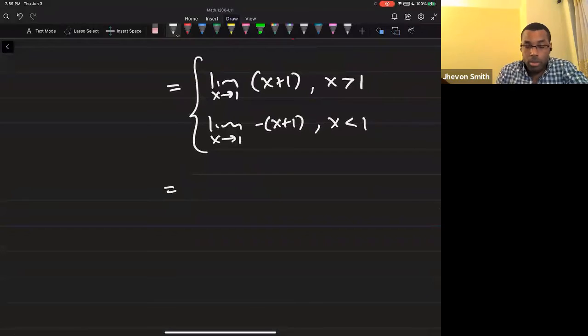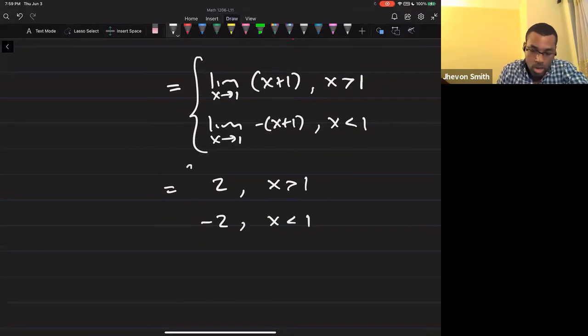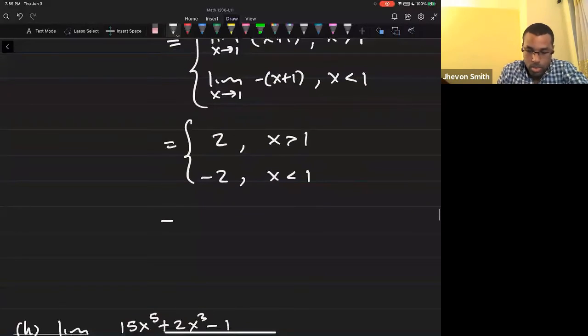At this point, you can plug in x equals 1. You're going to get 2 as the answer if you're on the right side of 1, and you would get minus 2 as the answer if you're on the left side of 1. So the limit does not exist.